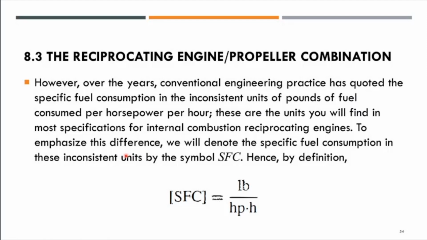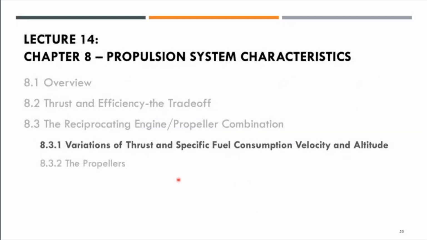To emphasize this difference, we will denote the specific fuel consumption in this inconsistent unit by the symbol SFC, pound per horsepower hour. Let us look into the variation of thrust, specific fuel consumption, velocity, and altitude with respect to the engine efficiency. In this aspect, we propeller.